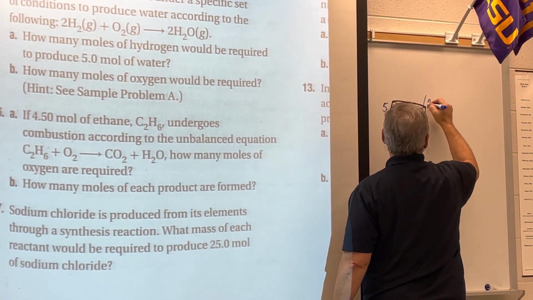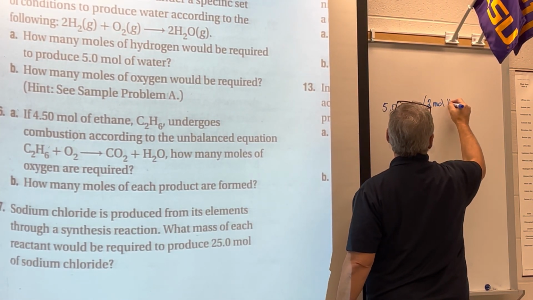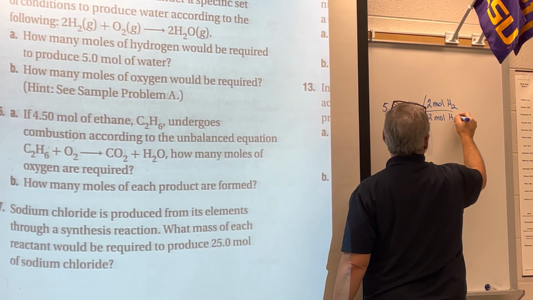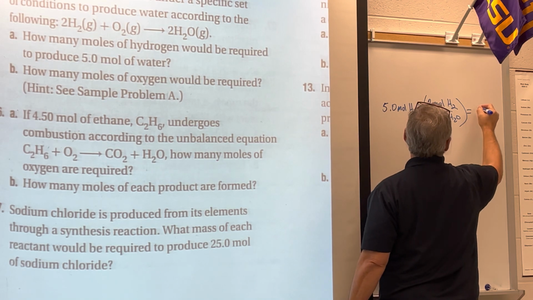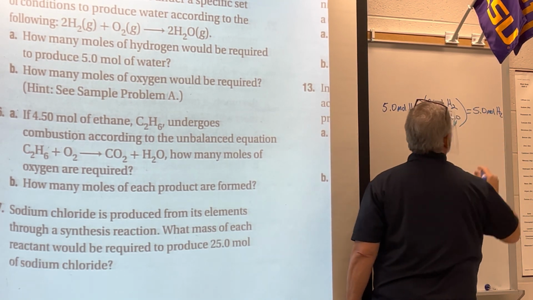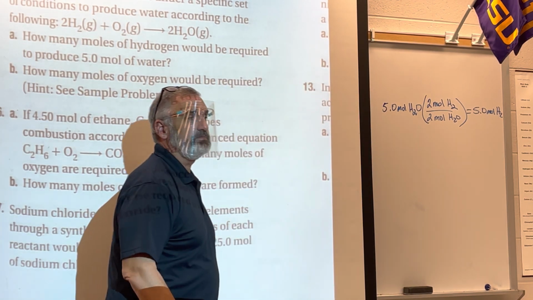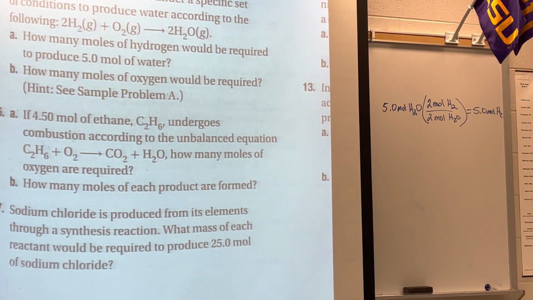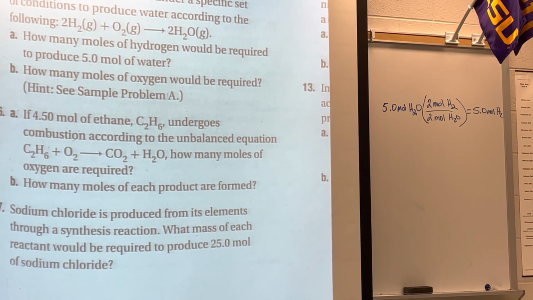So I say 2 moles of hydrogen for every 2 moles of water. And the very high complex math says, well, I'm going to need 5 moles of hydrogen. But these you should be able to just do by inspection, just looking. You really don't need to write these down because it's just going to be a simple ratio.